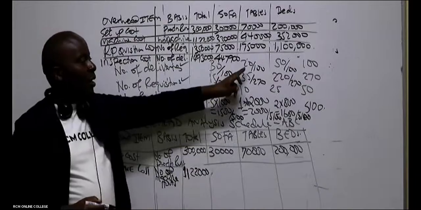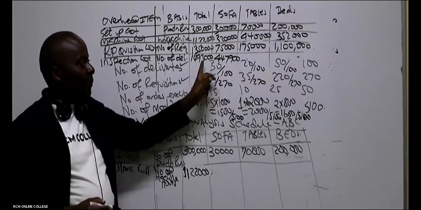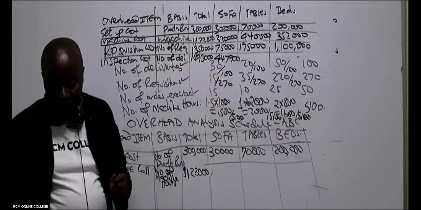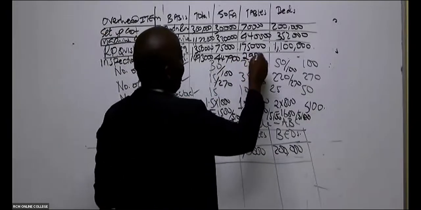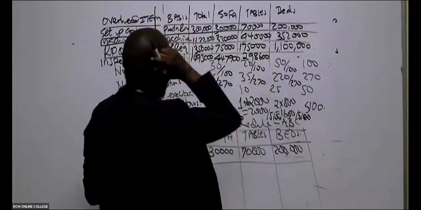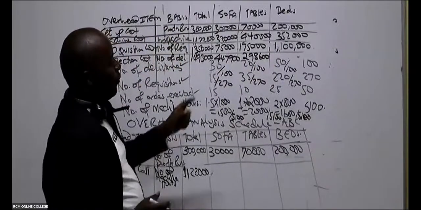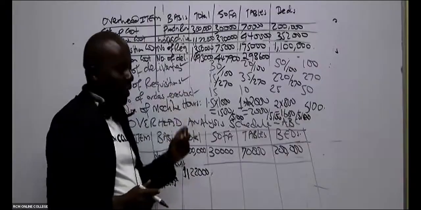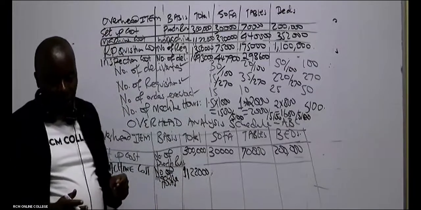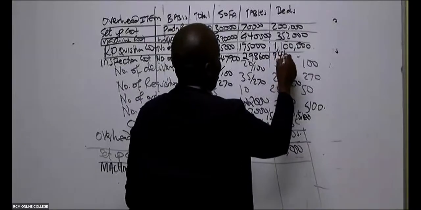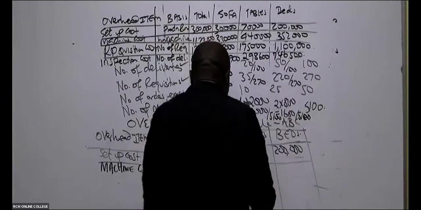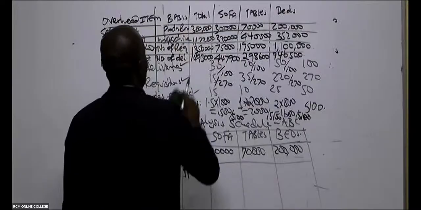The second product is 20 over 100 times this, 298,600. And then now you go straight away to 50 over 100 times this 1,493,000, which will give us 746,500. Thank you. Now, ladies and gentlemen, we move on.